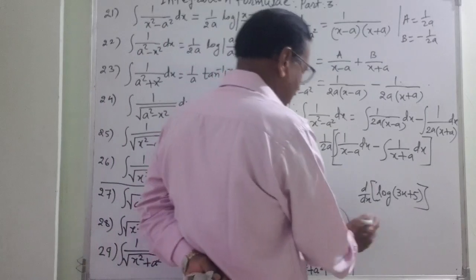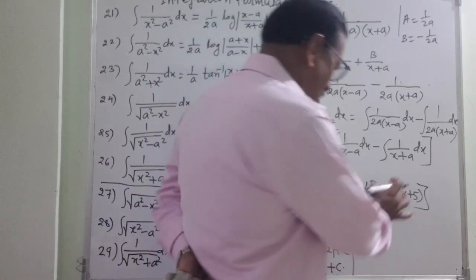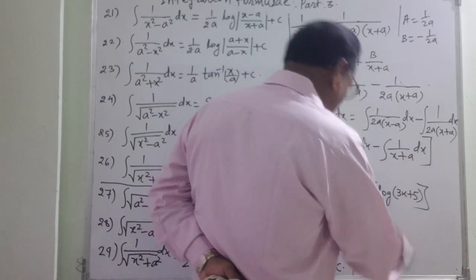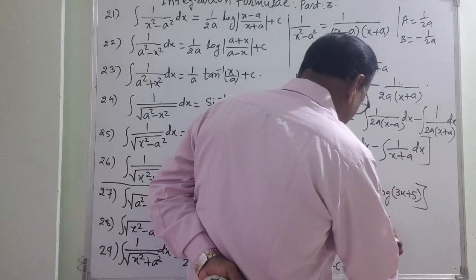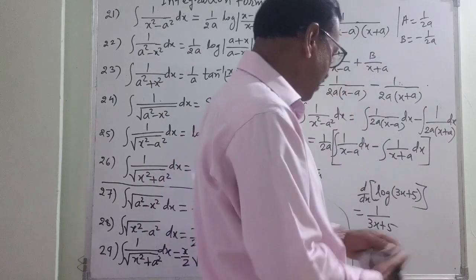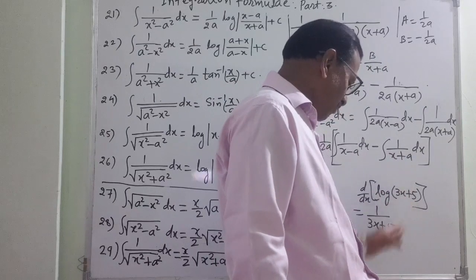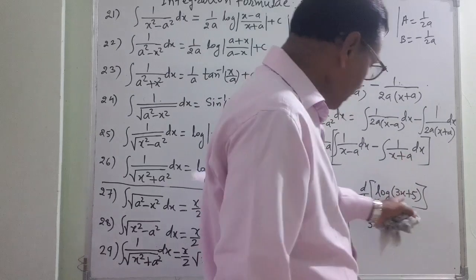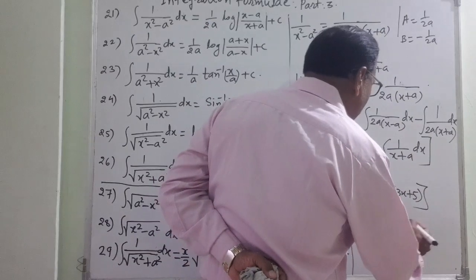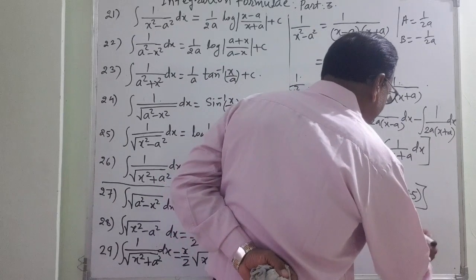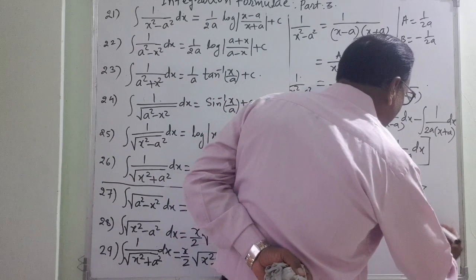Derivative of log is 1 upon 3x plus 5. But if it would have been only x, then 1 upon x, no problem. If it is different, then I have to multiply by the derivative of that different 3x plus 5.